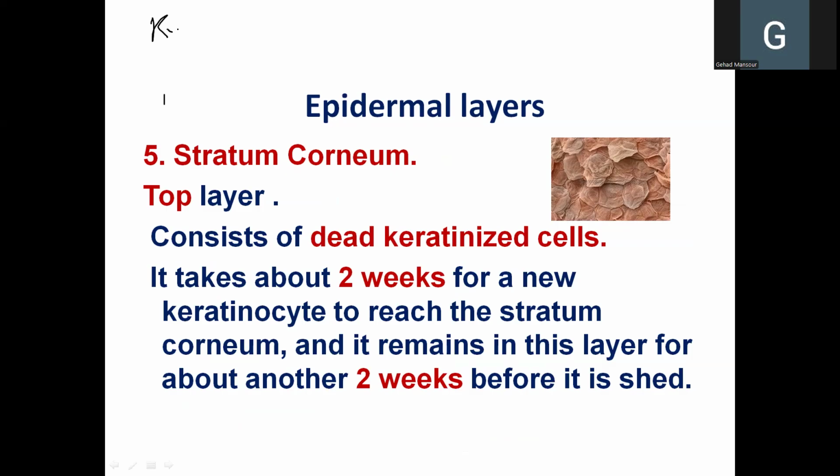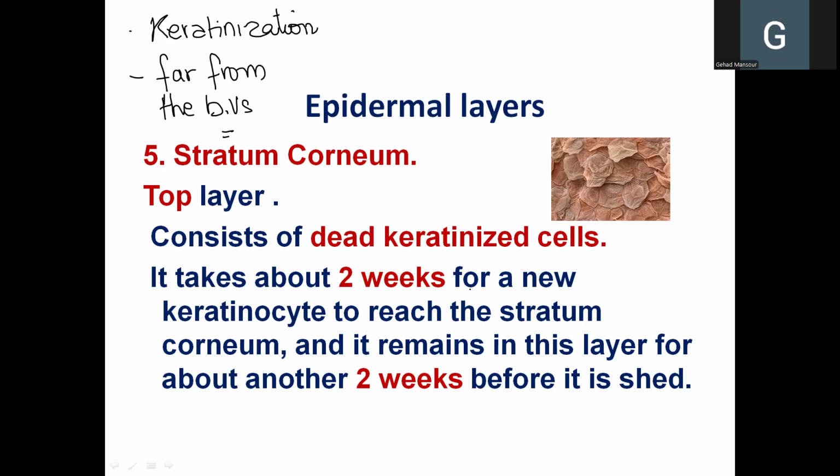First of all, the process of keratinization that occurs in them. And second is that they are far from the blood vessels and the blood supply, so they don't receive enough oxygen and nutrients.